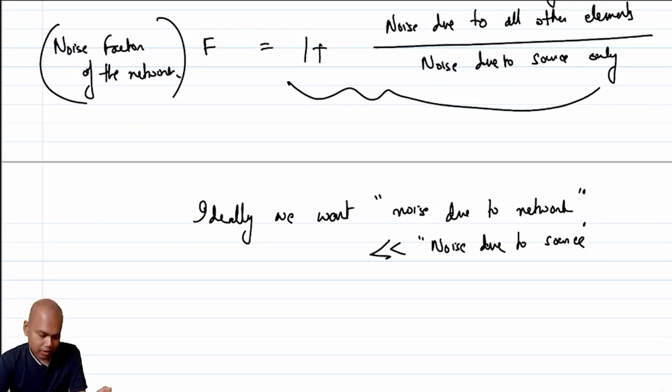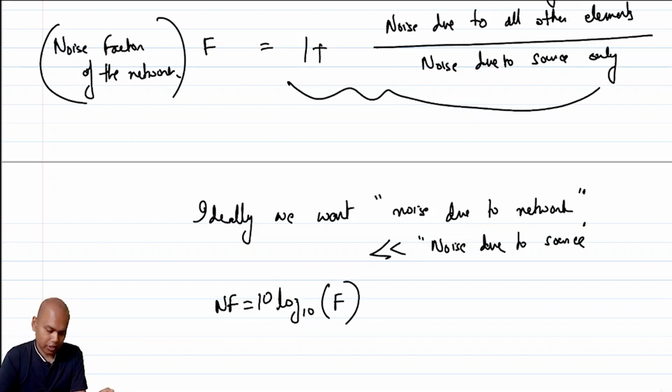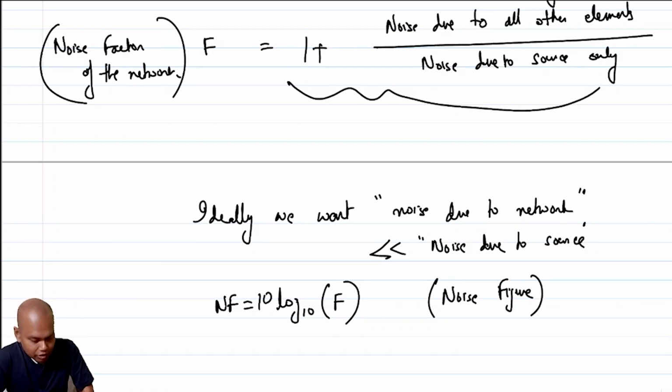There is another terminology associated with it, that is basically noise figure. The log scale of noise factor is often called the noise figure. And if your ideal noise factor is 1, then obviously the ideal noise figure should be 0 dB, right?